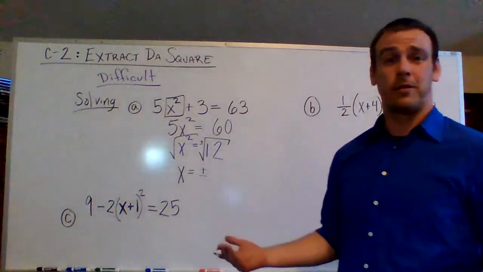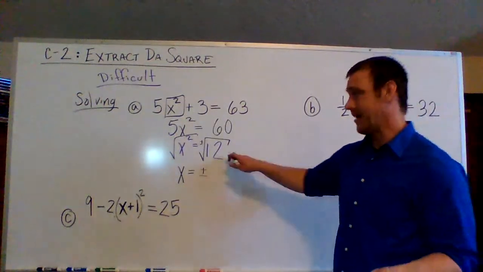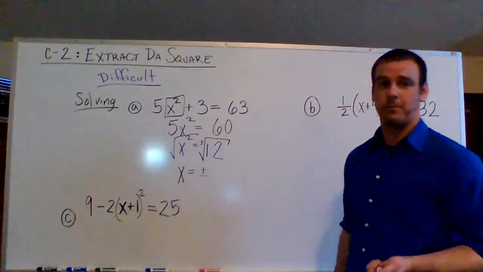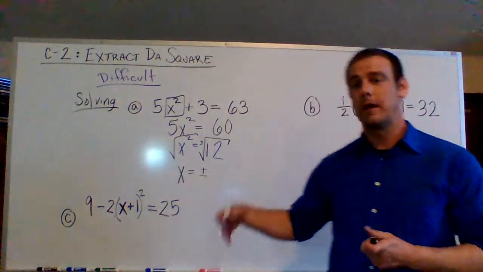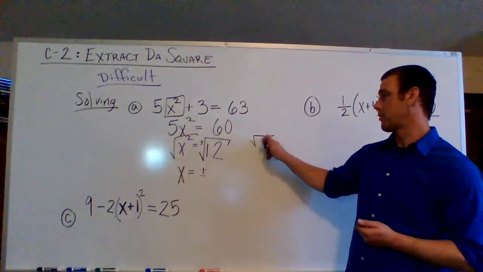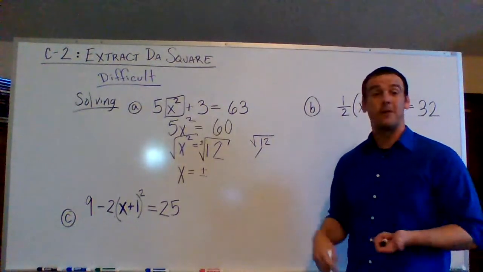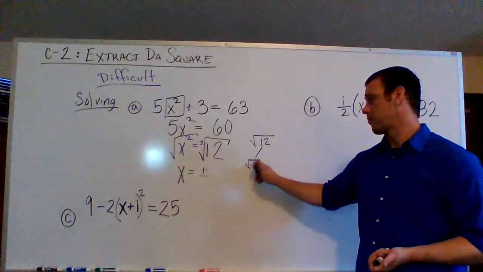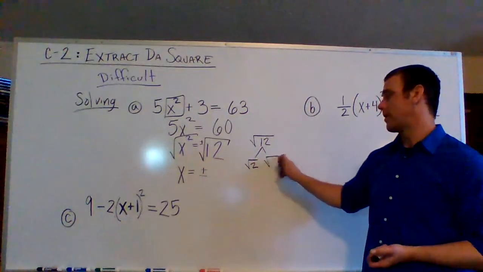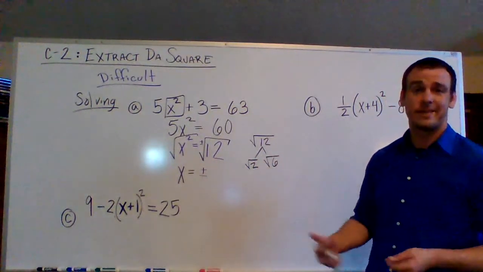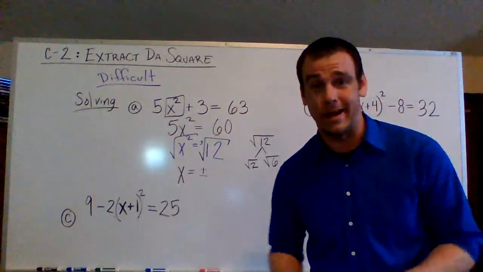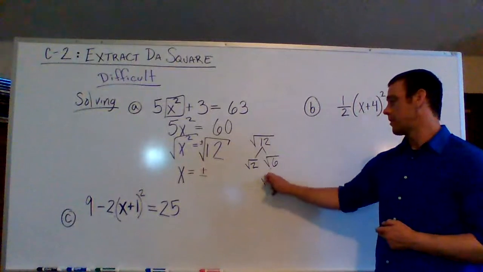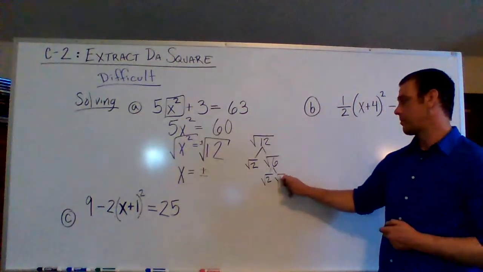Now, the square root of 12, though, actually reduces. It's not a perfect square like the problems that we've done earlier today. So I've got to reduce the square root of 12. Remember, if you have no idea, I do realize it's an even number. You could say it's the square root of 2 times the square root of 6, and then 6 is also an even number, so you can break that down a little further, giving you the square root of 2 and the square root of 3.